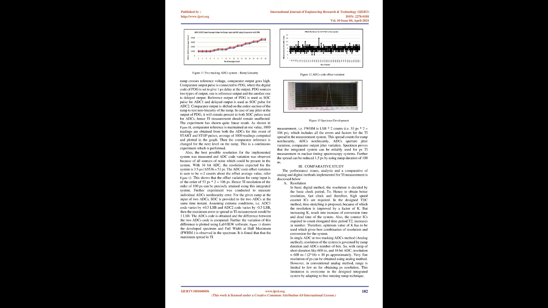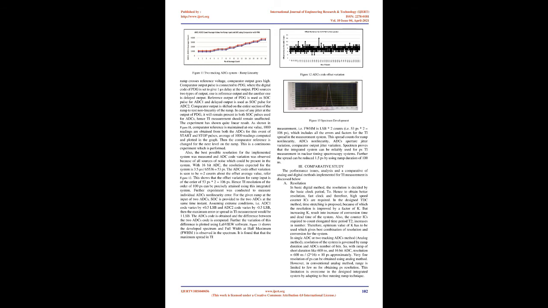3. Comparative study. The performance issues, analysis, and a comparative of analog and digital methods implemented for Ti measurement is discussed below. A. Resolution. In basic digital method, the resolution is decided by the basic clock period, T. Hence to obtain better resolution, fast clock, and therefore, high-speed counter ICs are required.